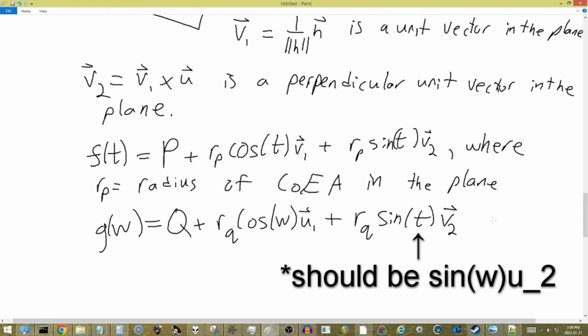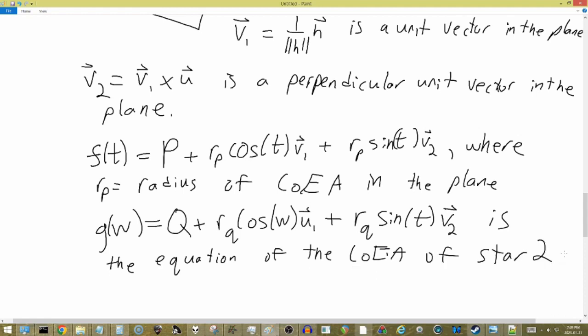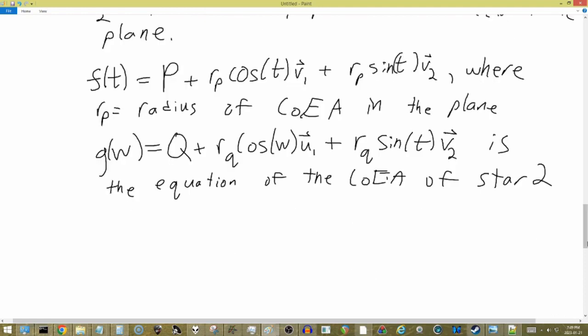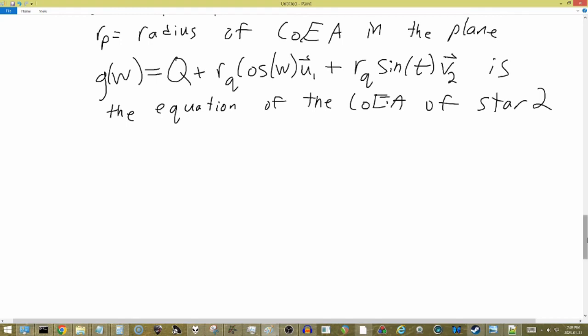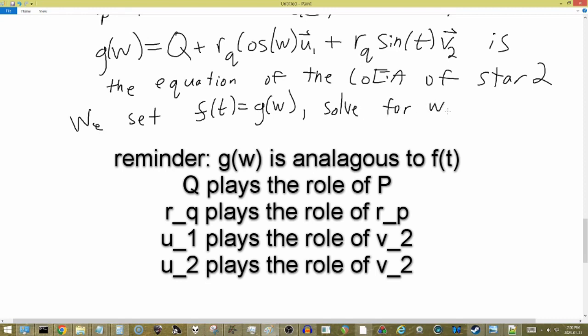So that is the equation of the circle of equal altitude of star 2. Okay, so now we get a nice system of equations that we can set up there. We set f of t equal to g of w, and solve for w and t.